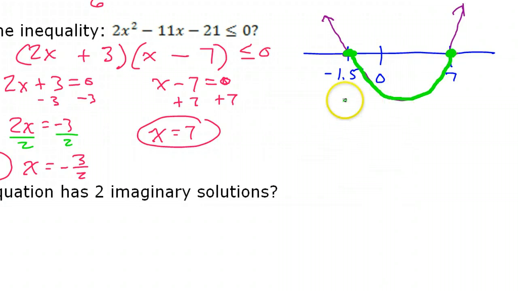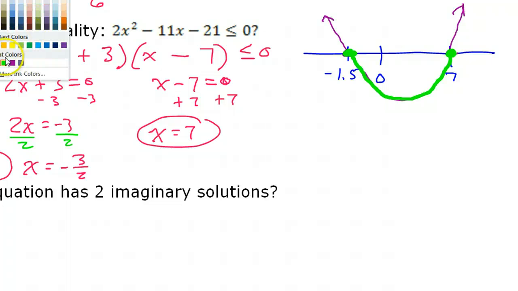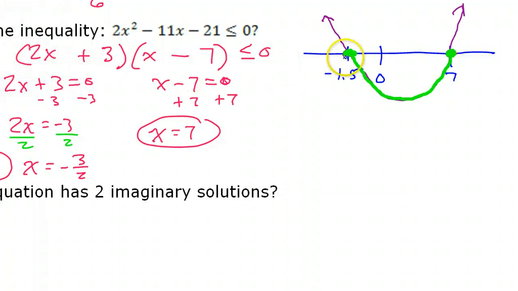Okay, now if I were going to look at this as a number line, as we often do, are we talking about the part of the number line that's between negative 1.5 and 7, or the part of the graph that's outside? Alright, in other words, do we want this part?